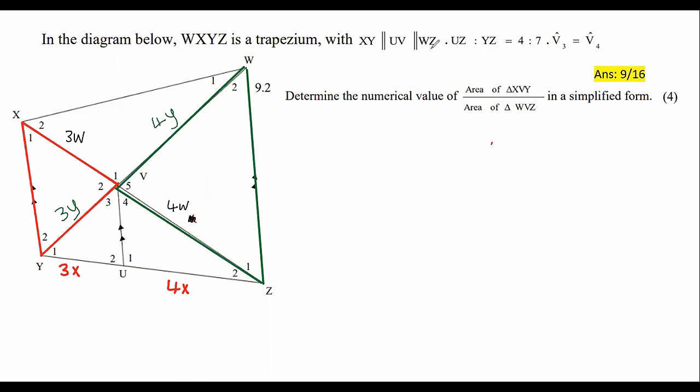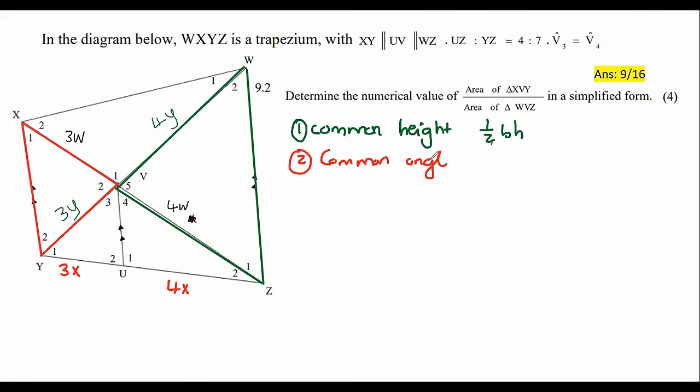Now, guys, remember, there are only two ways to answer these area questions. Either, number one, using a common height, then we use the formula half base times height. Or number two, we use a common angle, and that's where we use half AB sin of angle C. So you've got to look at the two triangles they've given us and ask yourself, do they have a common angle, or do they have a common height?